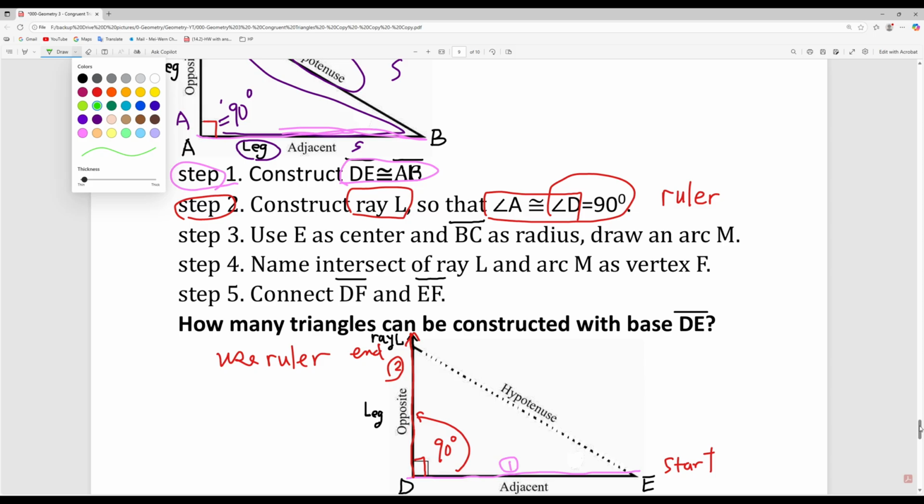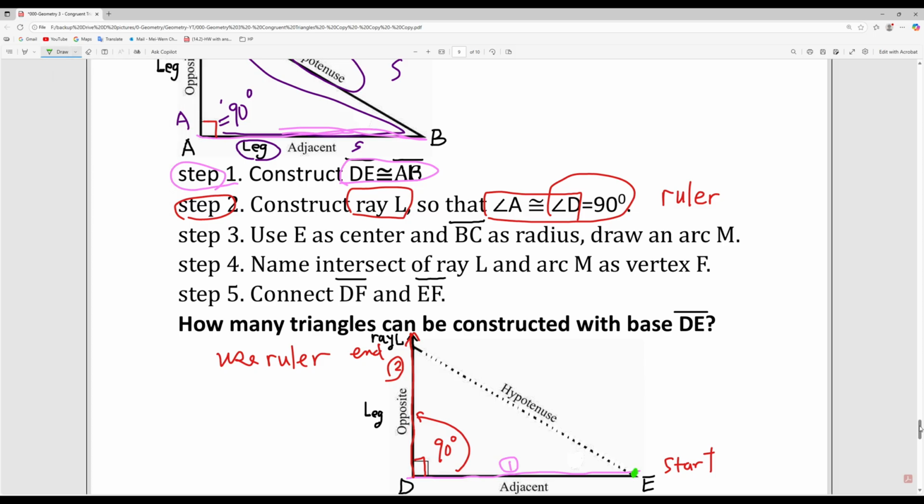Use E as the center and BC as radius. Where is BC? BC is the hypotenuse. So the hypotenuse we call it R1. So we use R1 to draw an arc.